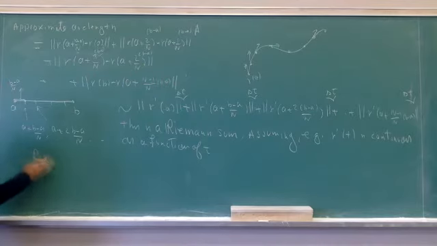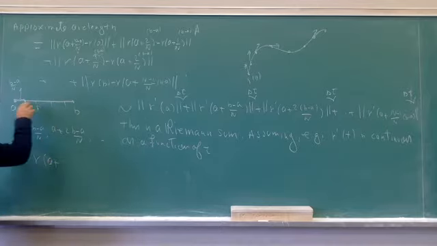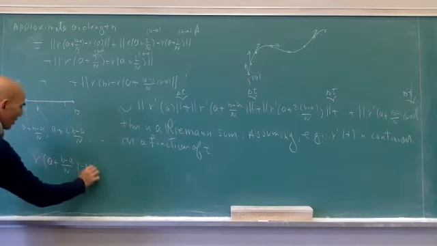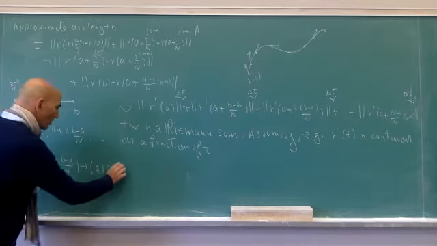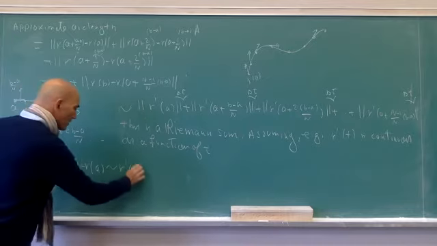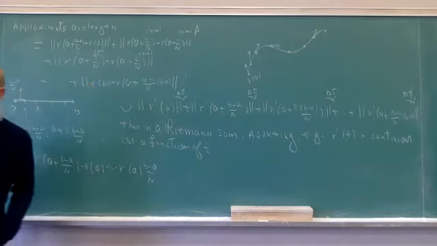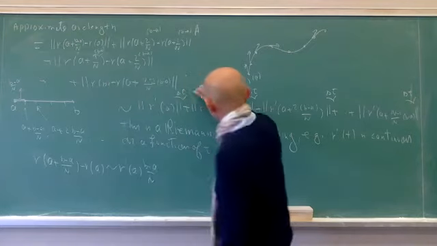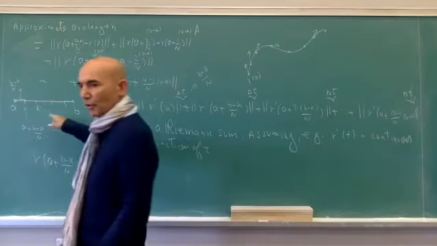Let me write it in terms of r: r of a plus (b minus a) over n, minus r of a, is approximately r prime of a times (b minus a) over n. We can always approximate it. So this delta t is, of course, (b minus a) over n. It's just the length of each subinterval.